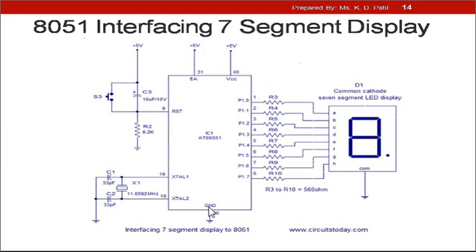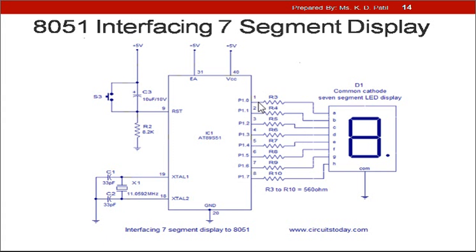Next, you can interface this 7 segment display to any port of the 8051 microcontroller. But here the complete 8 pins, the complete port, will be required. In the LED interfacing only 1 pin was required, but here as 8 LEDs are available in the complete 7 segment display, we do require the complete port.